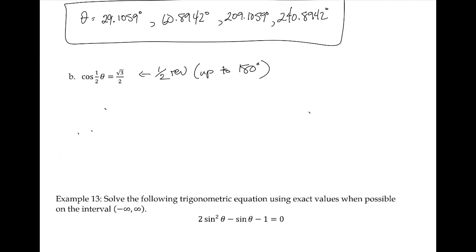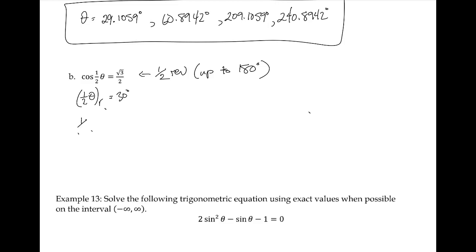So we can try again with this one. It's a little different because it's a half instead of a whole number, which means we're only going to go up to 180. We're only going to do half a revolution. So again, if I think about it in terms of regular unit circle references, cos results in root 3 over 2 for pi over 6, or because we're supposed to be working in degrees, we can talk about exact values as 30 degrees.